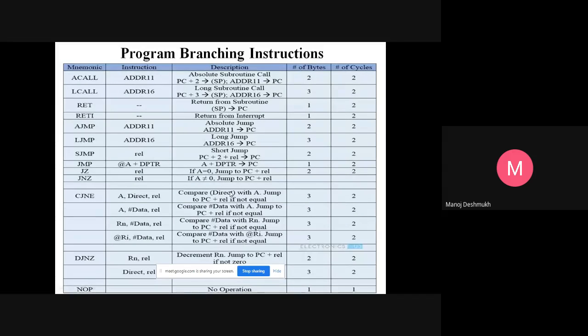Okay, after this, jump to the memory location pointed by DPTR plus accumulator.